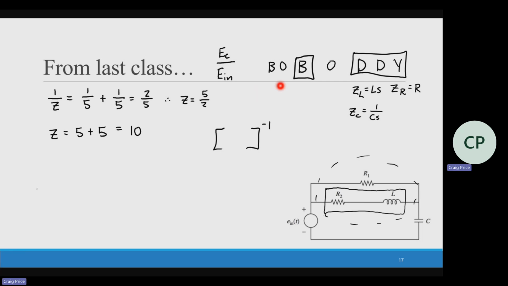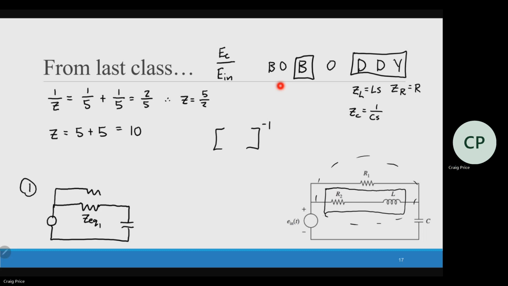So, step one, I would say create some kind of Z equivalent 1. And then step 2, then you can combine them all.